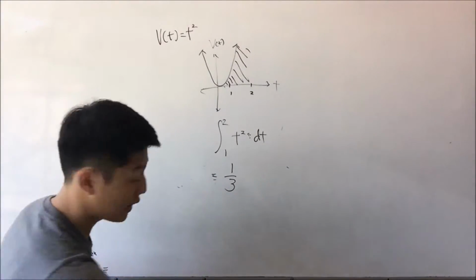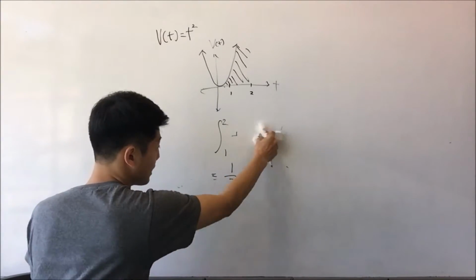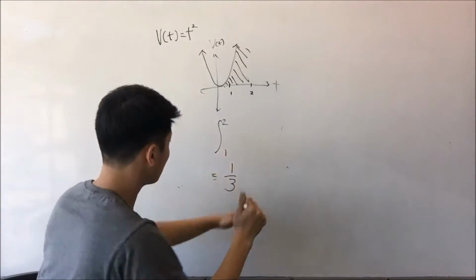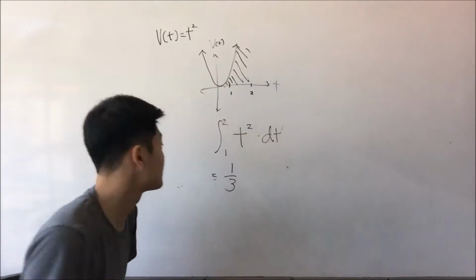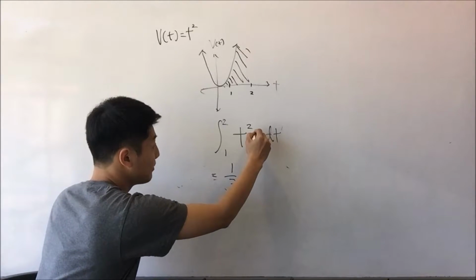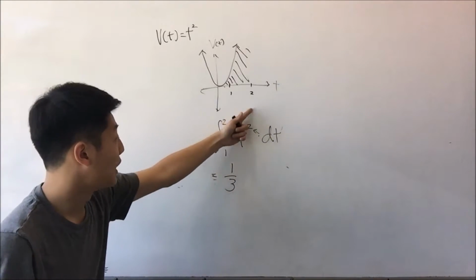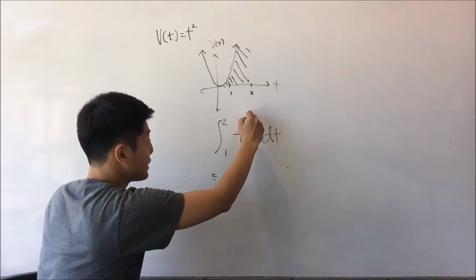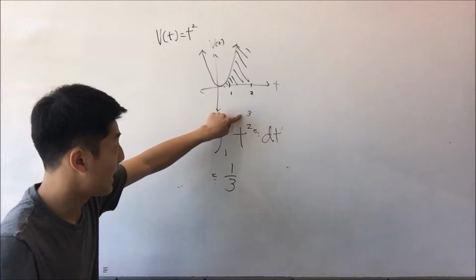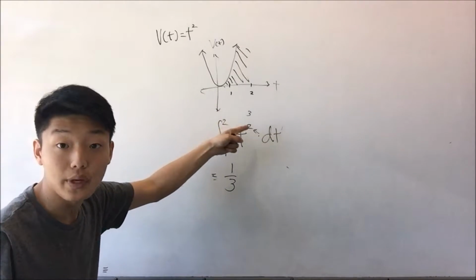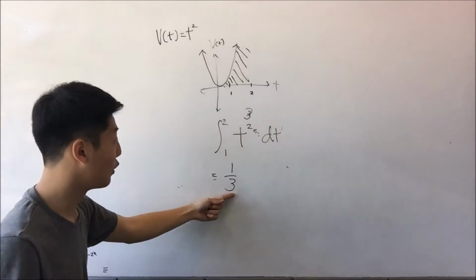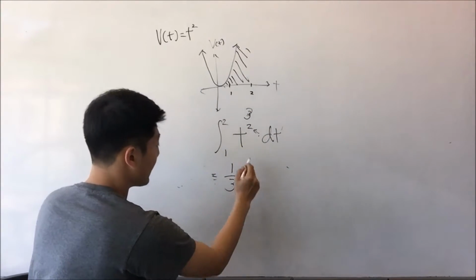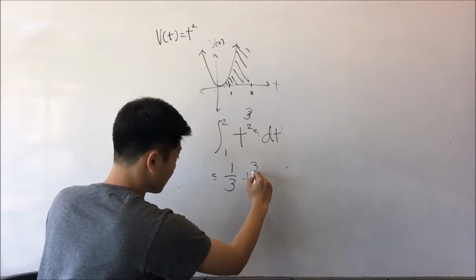Sorry about this. I'll write t bigger so it's easier to see. So you see the exponent? Add 1, so 2 plus 1 is 3. And the reciprocal of this number 3 will be the coefficient. And then adding 1 gives the new exponent.